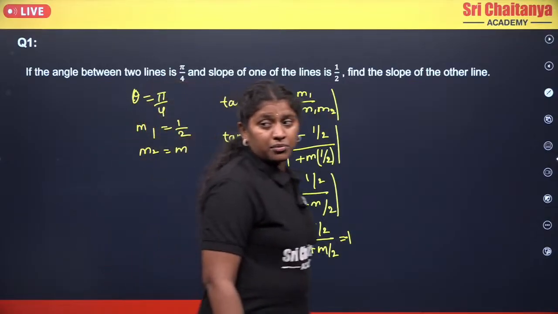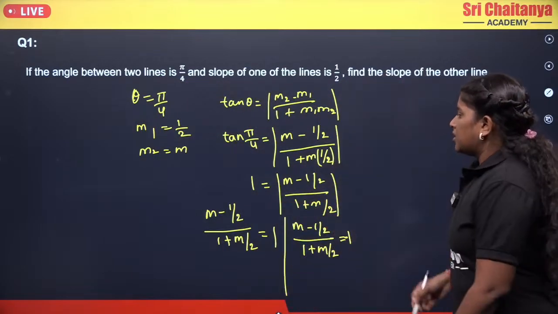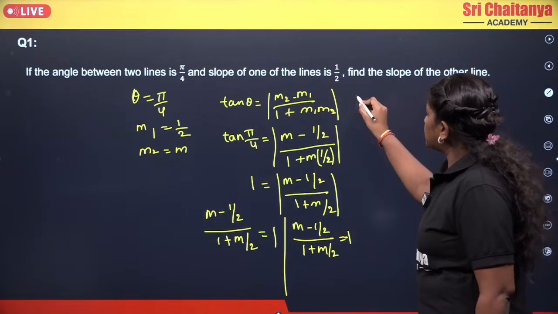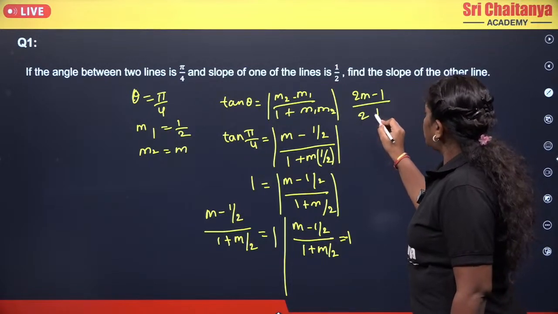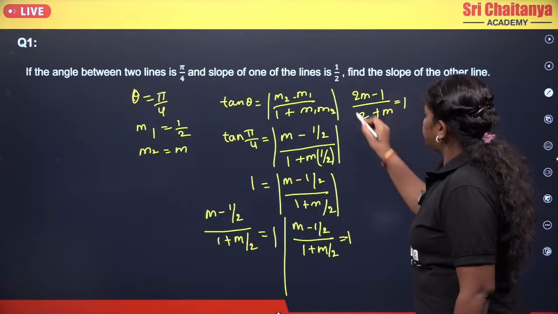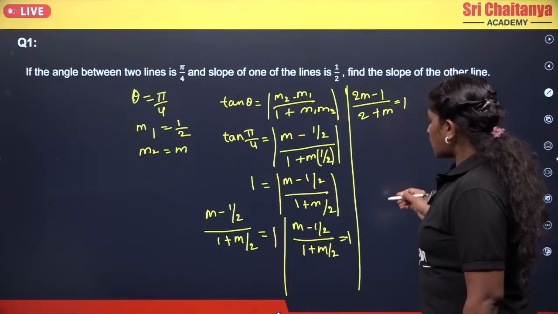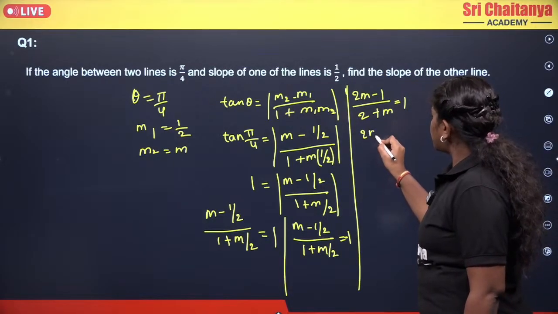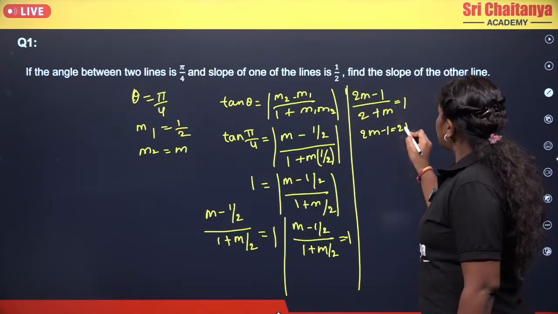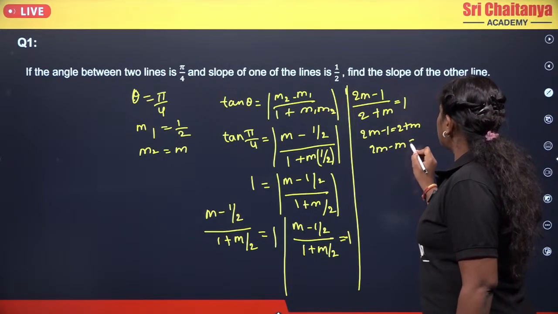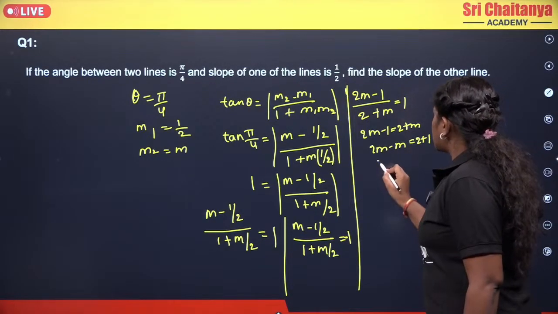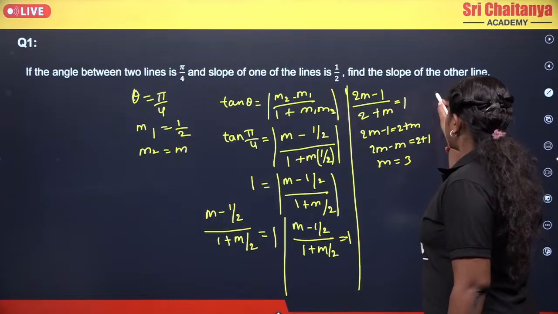Now if you take the first condition, (2m minus 1) by (2 plus m) equals 1. Cross multiplying, you get 2m minus 1 equals 2 plus m, so 2m minus m equals 2 plus 1, so m equals 3.